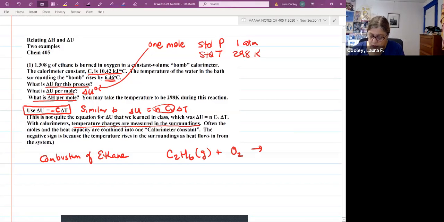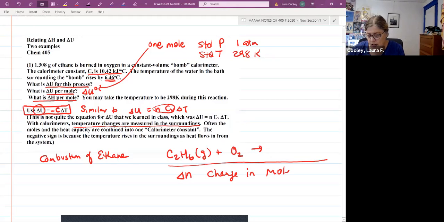So what you have to do is write this equation, because remember what you're figuring out now. Once you multiply that minus C delta T, that gives you the change in internal energy. And you could divide by the number of moles and get the molar change in internal energy. But then you have to figure out what delta H is for this process. And that entails writing the chemical equation here, figuring out what is the change in moles.